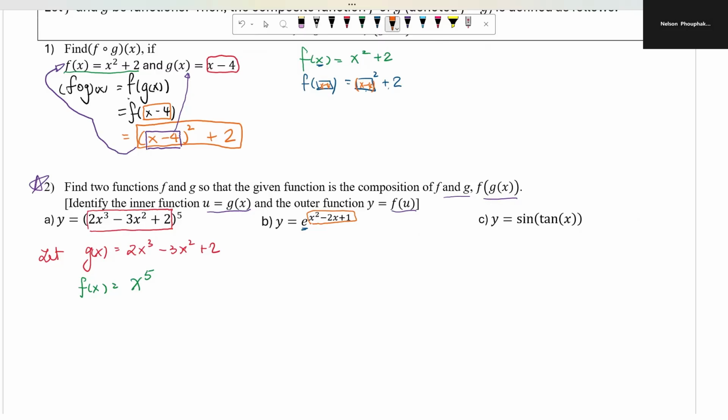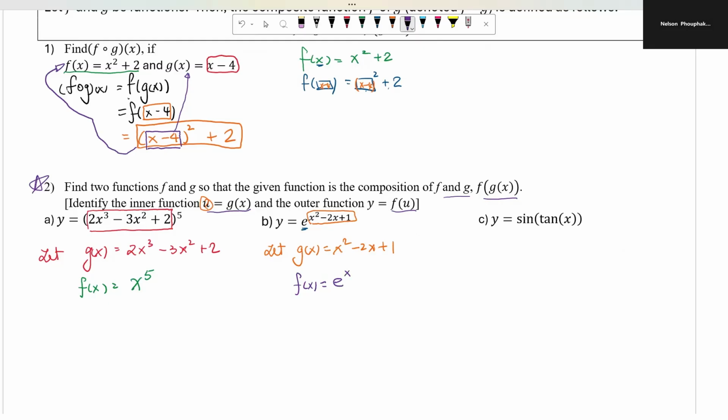So I let u, or g of x, equal x squared minus 2x plus 1. Then the one that I boxed, I replace with x when I create the f function. So my f of x will be e to the x.